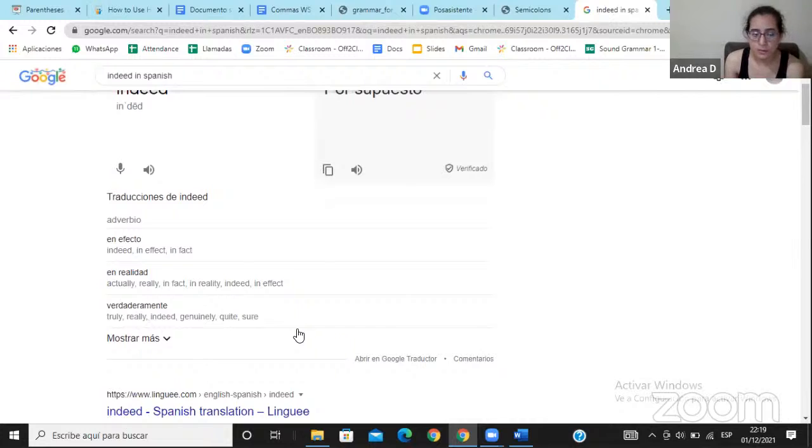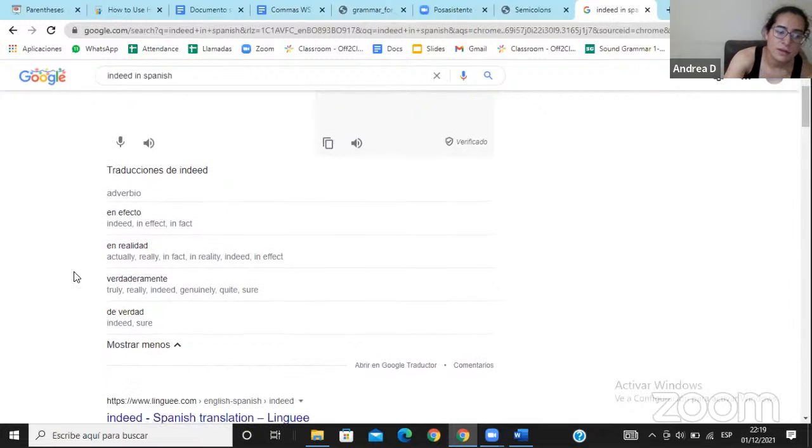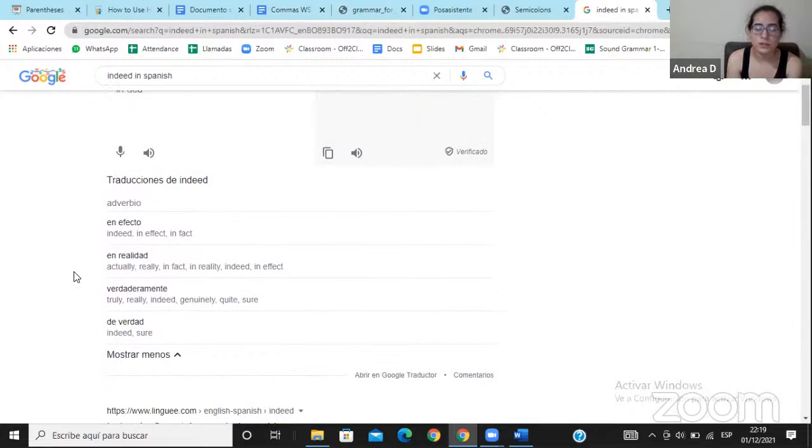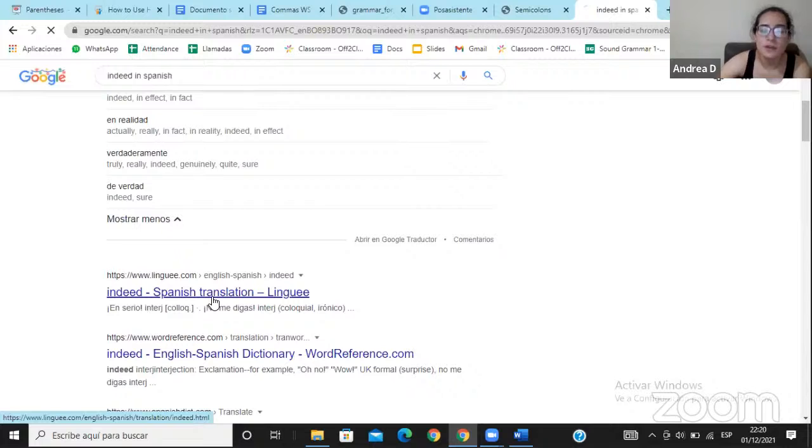So when you agree with somebody, when you say, yeah, truly or really, those are some translations. But Google Translator is not good. You used to translate in Lingui. Yeah, it's a lot better because it gives you the context.